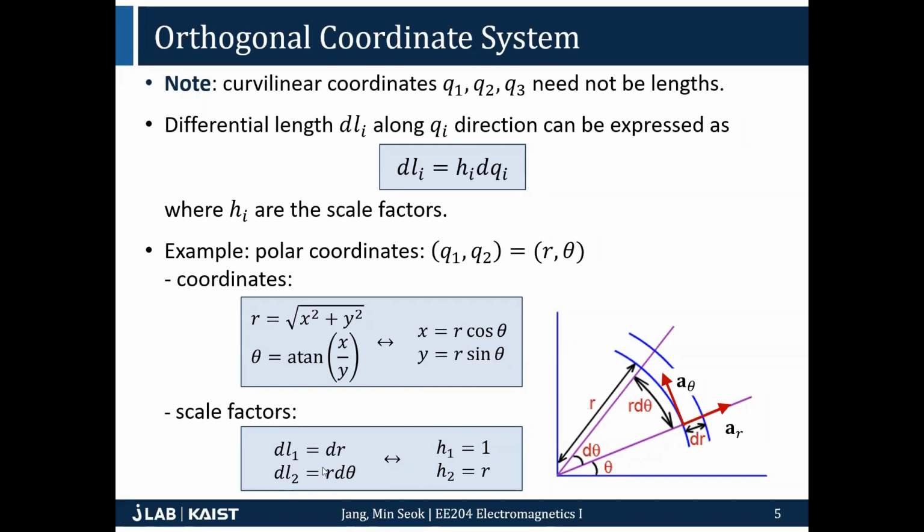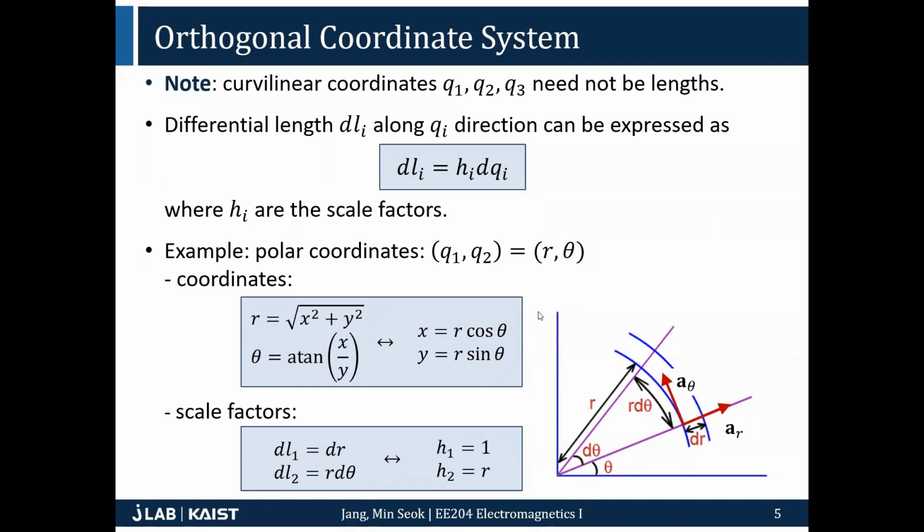And you also know that this r is position dependent, right? So if you move away from the origin, then your r increases. So with a small change in theta, you get a large distance, right? So scale factors can depend on the position. That's another important thing.